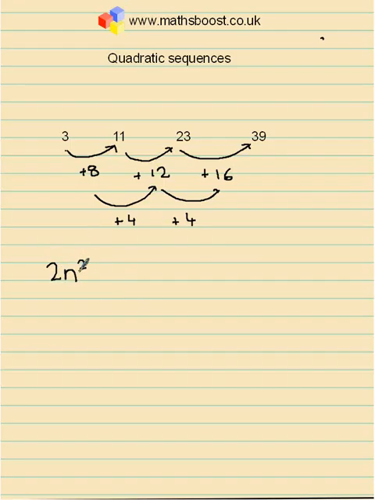So far, when n is 1, we'll get the value 2. When n is 2, we'll get the value 8. When n is 3, 3 squared is 9, and 9 times 2 is 18. And when n is 4, 4 squared is 16, times 2 is 32.